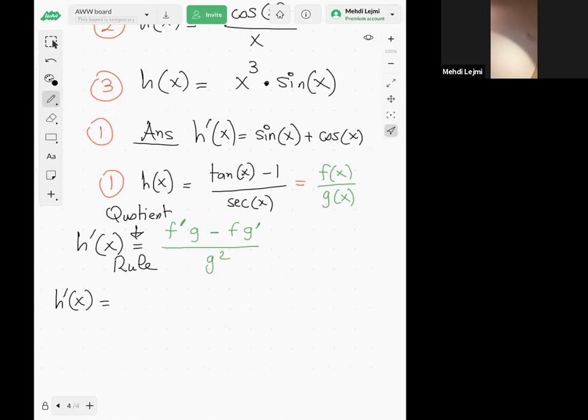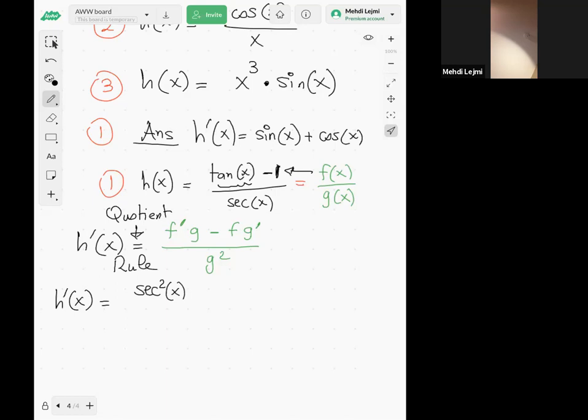F is tangent of x minus 1. The derivative of tangent of x is secant squared of x. Then there's minus 1, which is just a constant, and the derivative of a constant is 0. So it's secant squared of x minus 0.